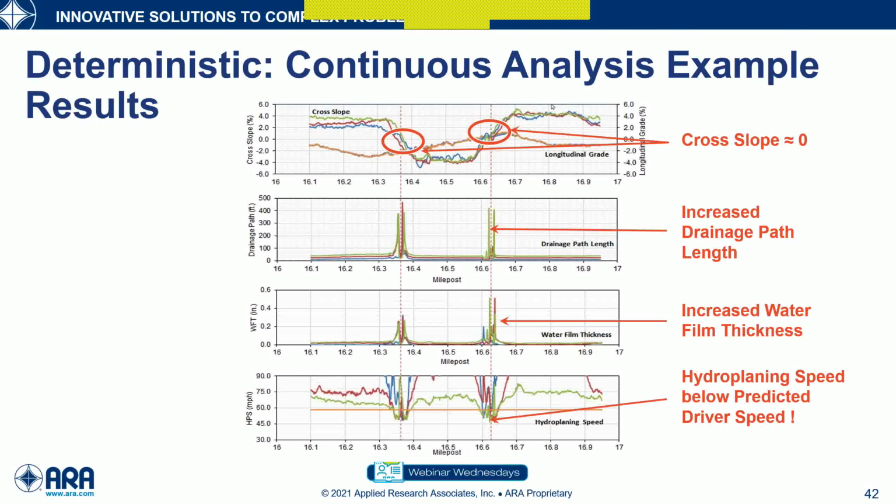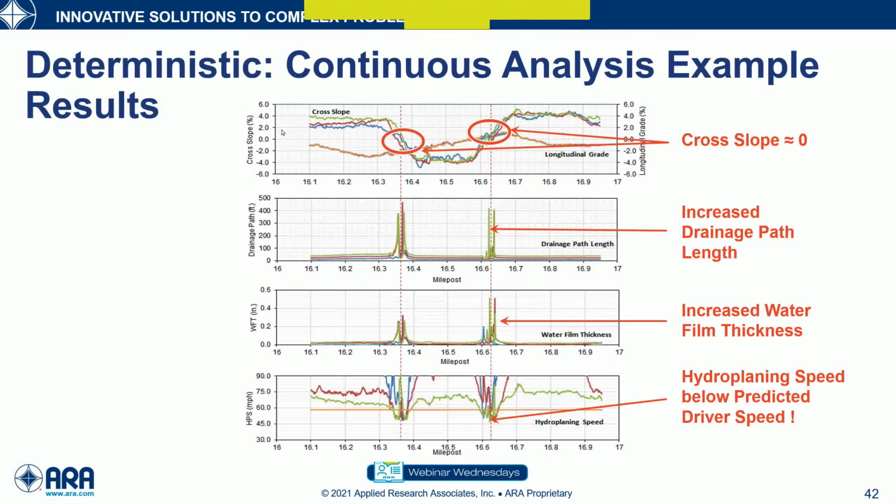So on the first plot, we have the crossslope on the y-axis in percent. On the right-hand side of the y-axis, we have the longitudinal grade, and all the x-axes of these plots are the mileposts. And if you remember, on the basic analysis and on the risk analysis, we assume a constant crossslope.